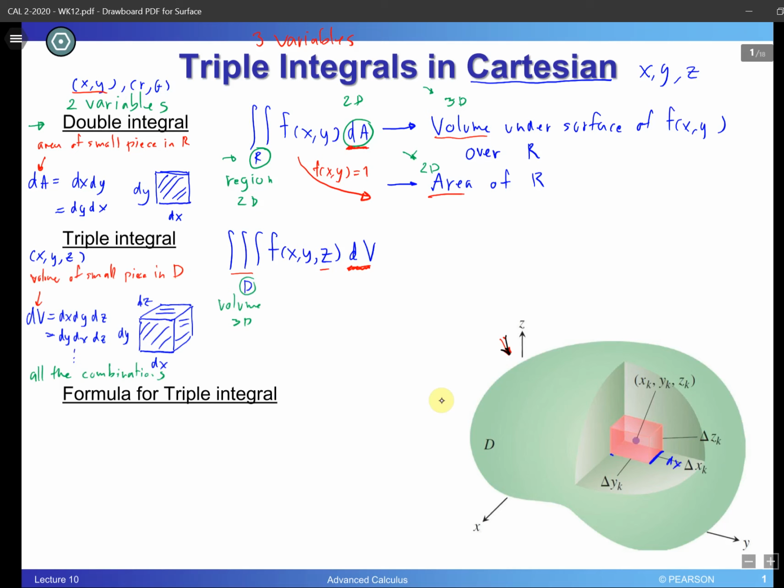Small step in y direction, this is dy. And small step in z direction, dz. And when you combine all of them, it becomes this cube. And there you go, you have this dV right here, the volume of this small piece in the integration domain.